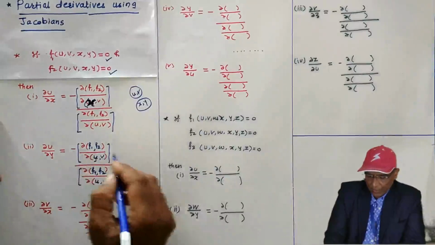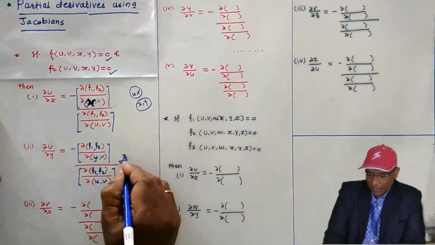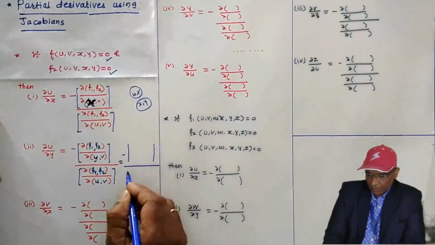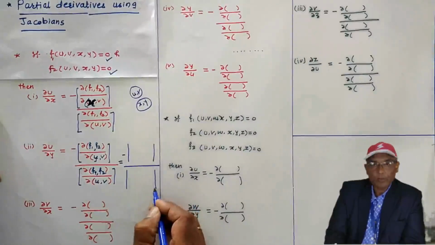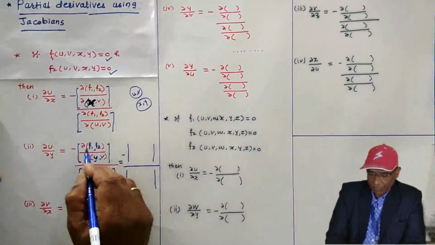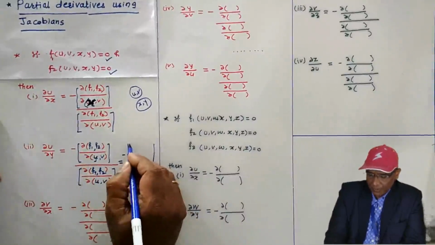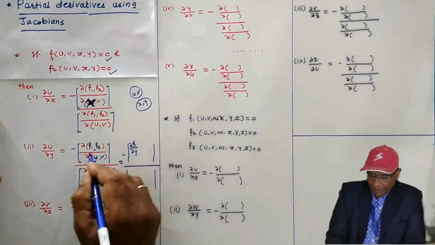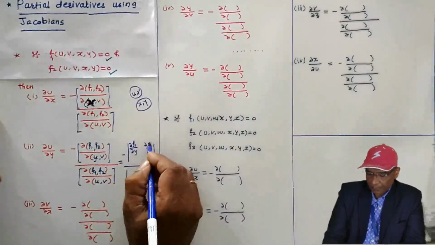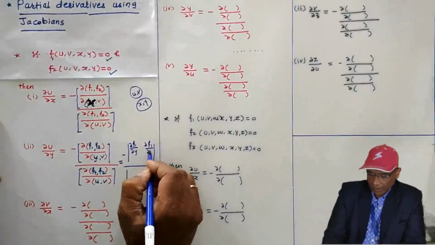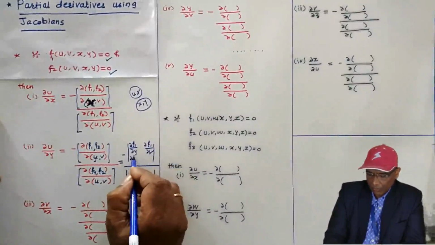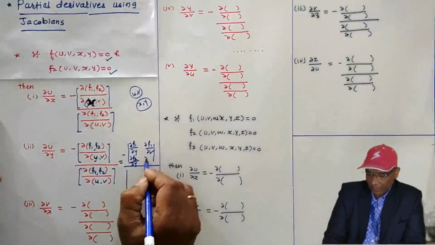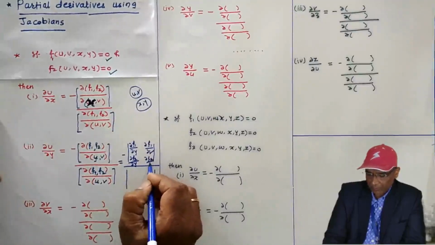And this is a Jacobian, and you can write it, because in the previous lecture we found the Jacobian of f1, f2 with respect to y and v. First row for f1: del f1 by del y, del f1 by del v. Now the row for f2: del f2 by del y and del f2 by del v.